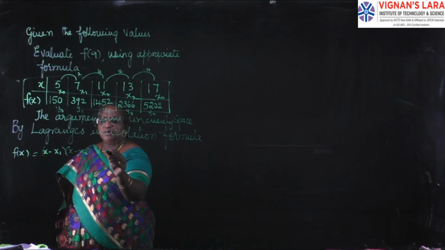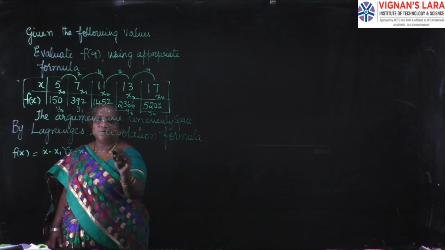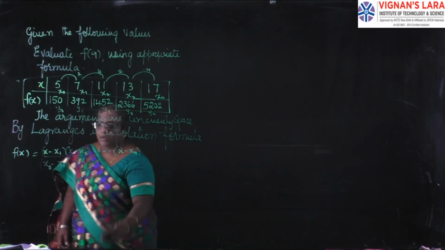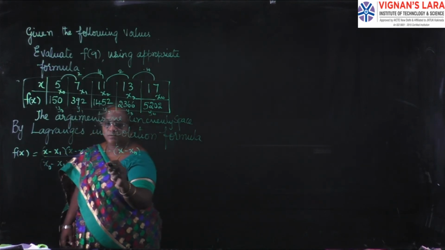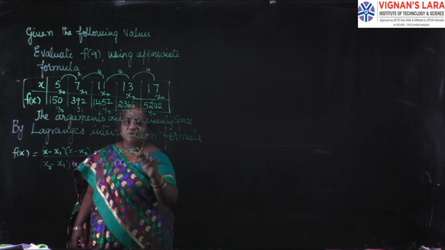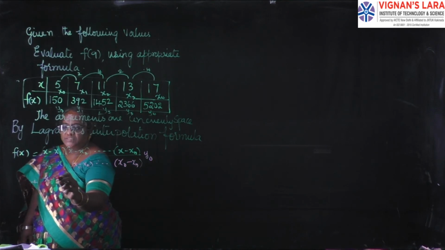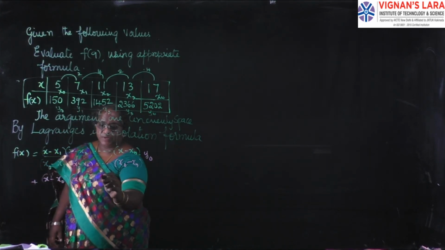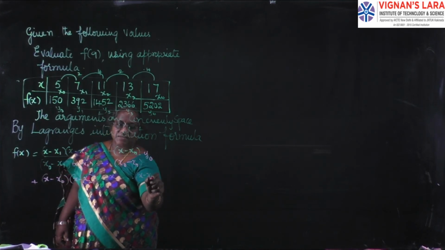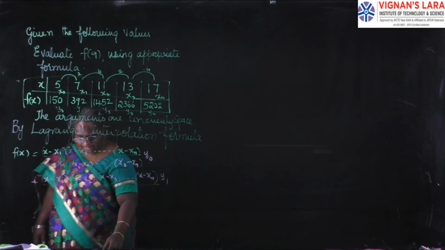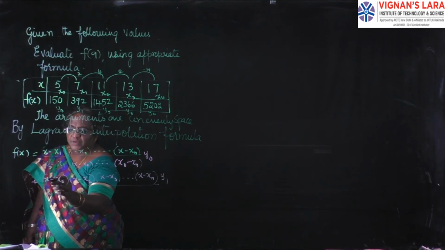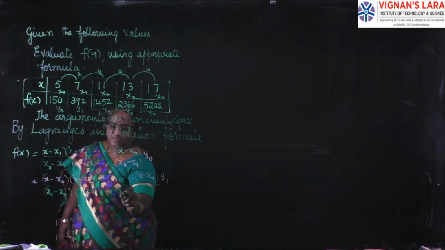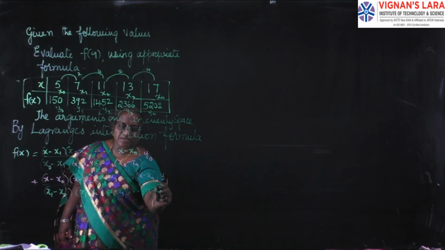The general formula we already know: (x minus x1)(x minus x2) and so on up to (x minus xn) by (x0 minus x1)(x0 minus x2) and so on up to (x0 minus xn), into y0 or f of x0, plus (x minus x0)(x minus x2), this time we omit x1, (x minus x3) and so on up to (x minus xn), into y1, by whatever we left above, that will appear in the denominator in place of x: (x1 minus x0)(x1 minus x2)(x1 minus x3) and so on up to (x1 minus xn), and so on.